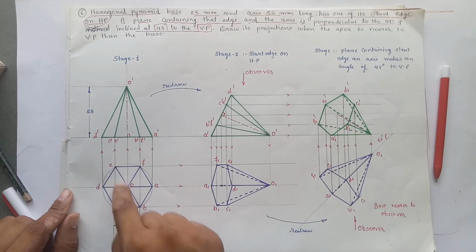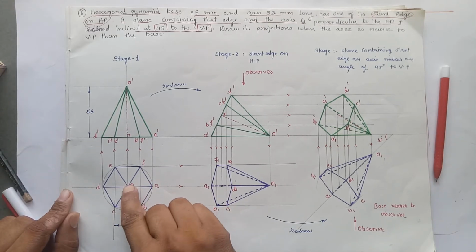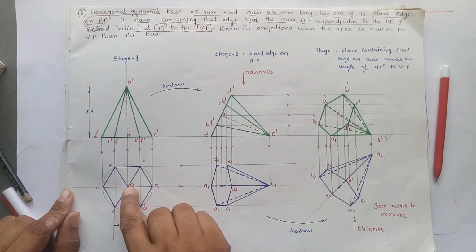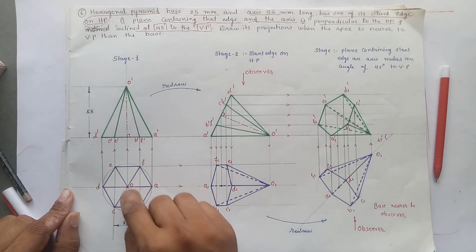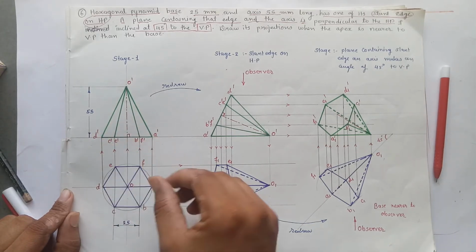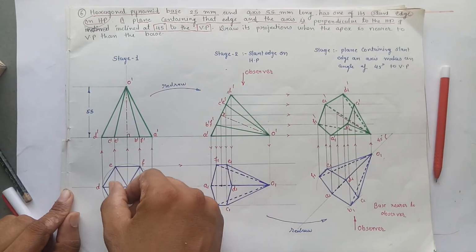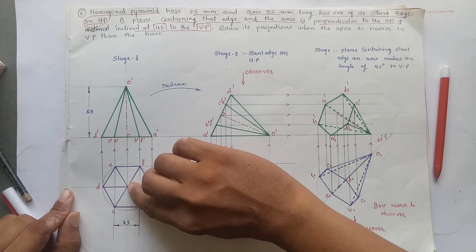Now to find the center, join the diagonals of the hexagon. That center will be the plan of the apex point. Now join the apex point to the base corners. It will be the plan of the slant edges. Project the points up to the XY reference line, A, B, C, E and D. This will be the elevation of the base.